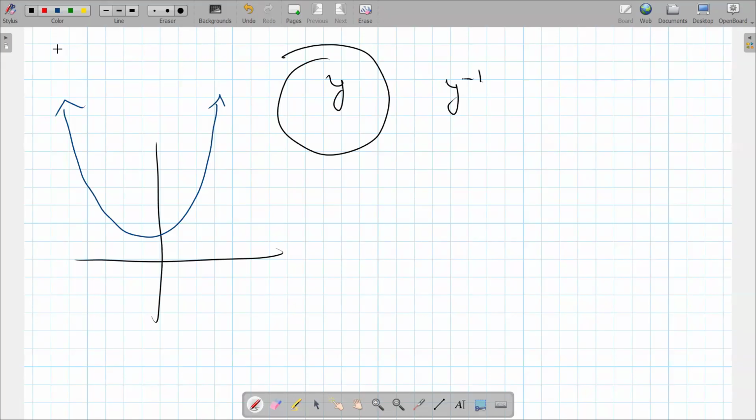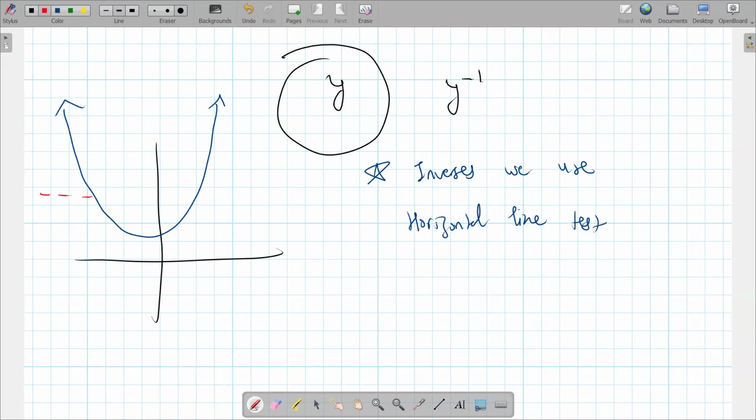So if the question is simply asking you whether or not y inverse is a function, for inverses we use the horizontal line test, not a vertical line test. Why? Because for an inverse, x becomes y and y becomes x, so the horizontal line test turns into a vertical line test for this one.